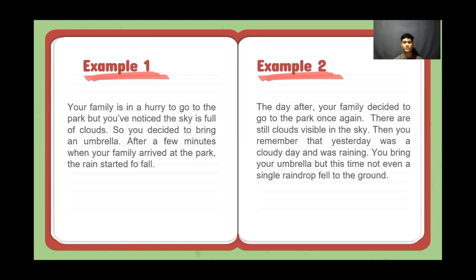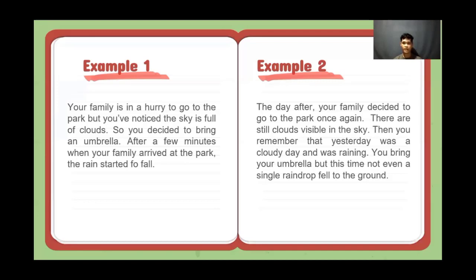So, what's the difference between these two examples? Both examples have what we call the rule of thumb. Everyone knows that when the sky is full of dark clouds, it is going to rain, right? So you come up with a decision to bring an umbrella without taking any further steps or methods.